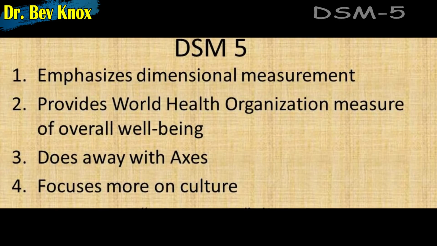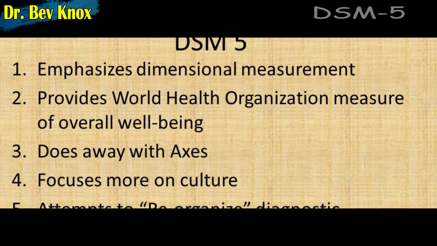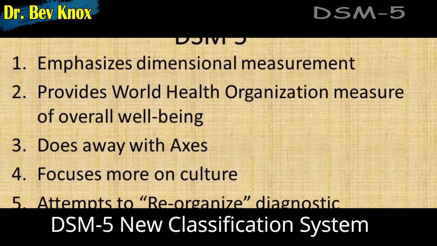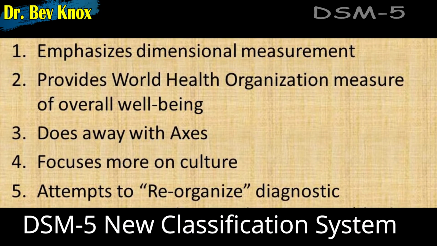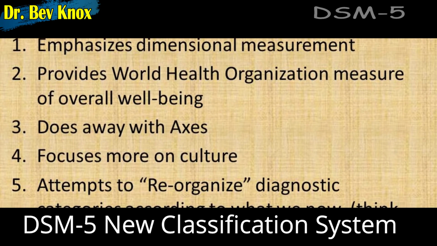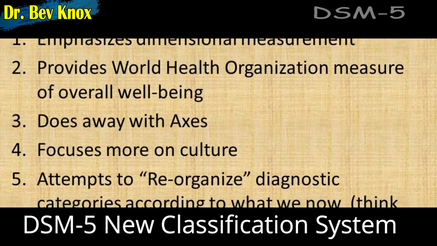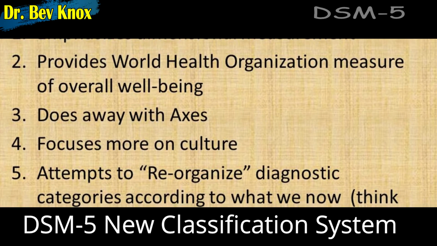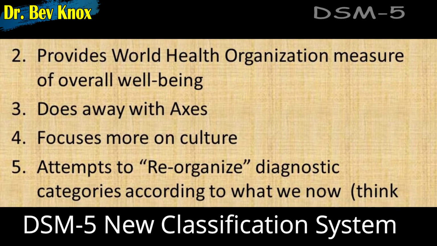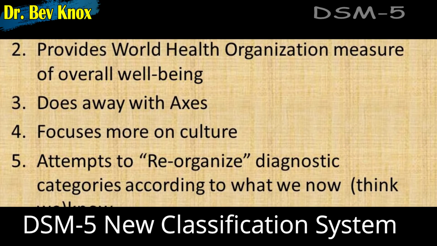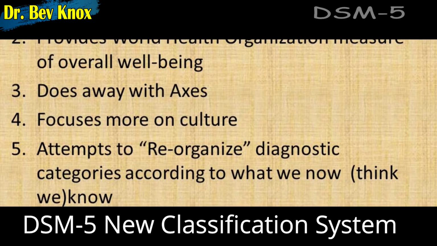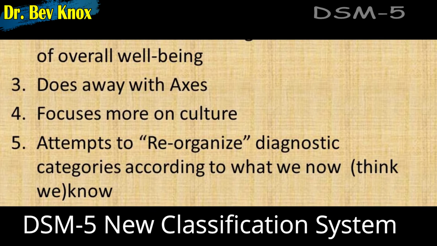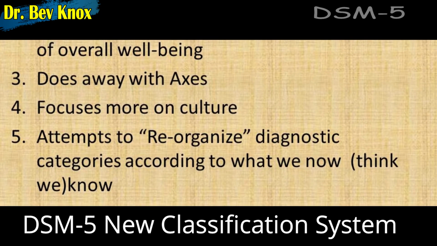The classification system is further accompanied by background information such as research findings, age, culture, or gender trends, and each disorder's prevalence, risk, course, complications, predisposing factors, and family patterns.